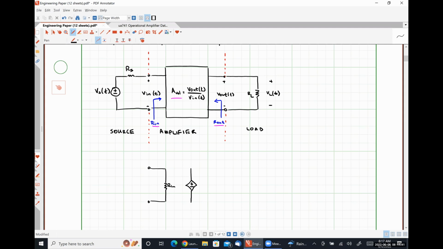This dependent source here is taking care of the amplification. So we're going to have AVOL times Vn.